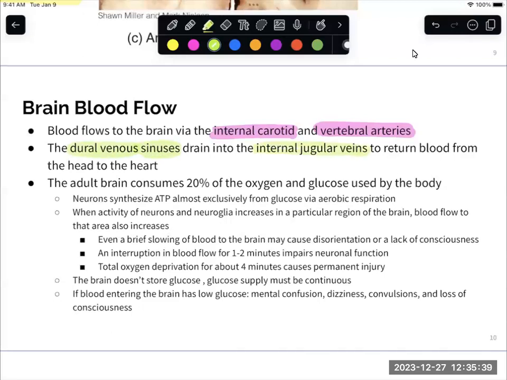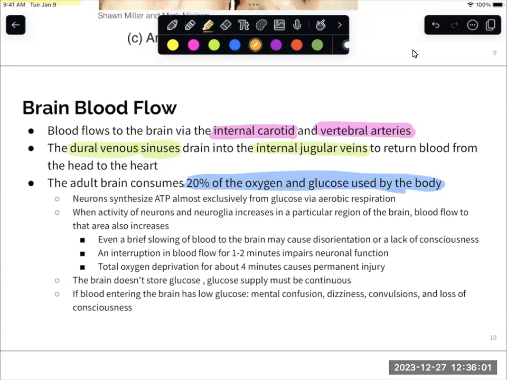And this is the blood that is leaving the skull. About 20% of the oxygen and glucose used by our body is used directly by the brain. That's a pretty large amount.